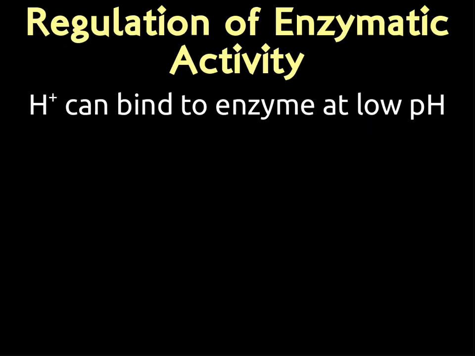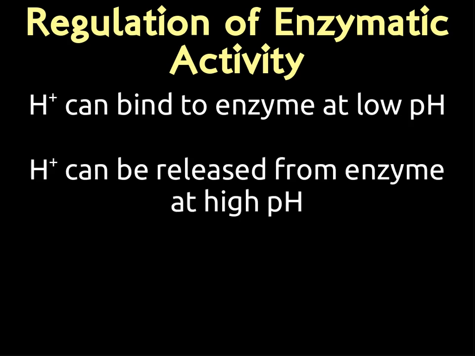So some of the ways that this can happen is, first off, you can have protons bind to enzymes at low pHs. And because enzymes are predominantly working through these delicate balanced interactions of the charges of the side chains and how those change when the substrate binds, if you're binding protons to that, that will change how those interactions happen.